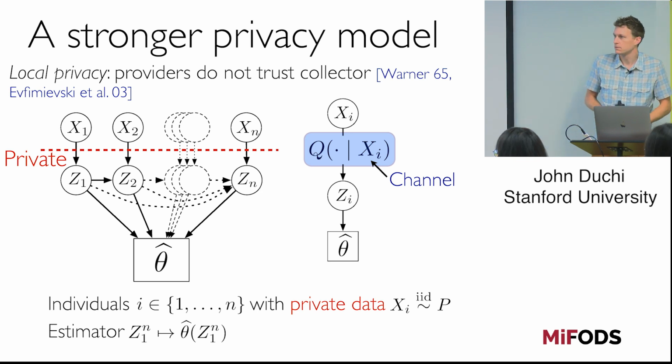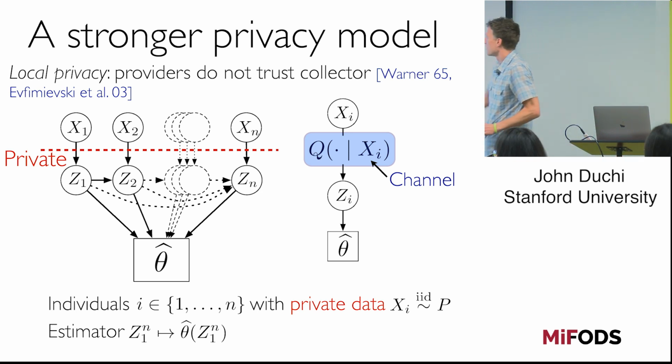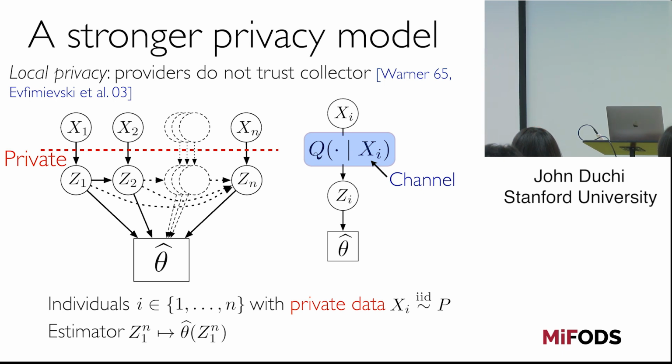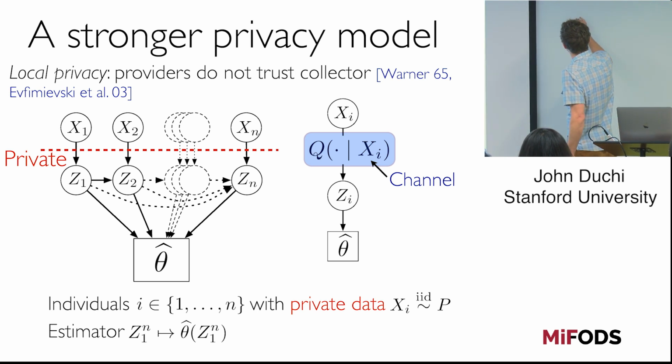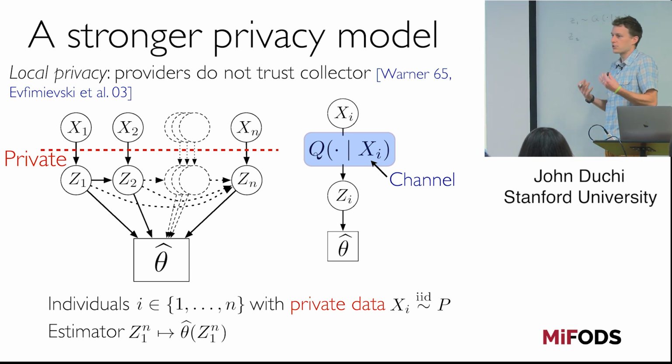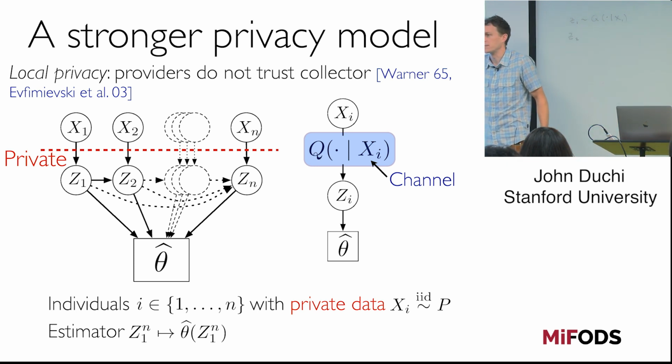What do the horizontal arrows between the Z's actually correspond to, with respect to releasing your private data? Yeah, so what it means is that person 1 comes along, and Z1 is drawn from basically Q of dot given X1. Then when person 2 comes along, I get to change this random sampling scheme.